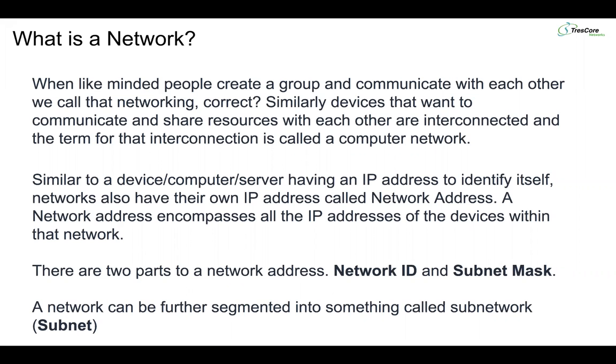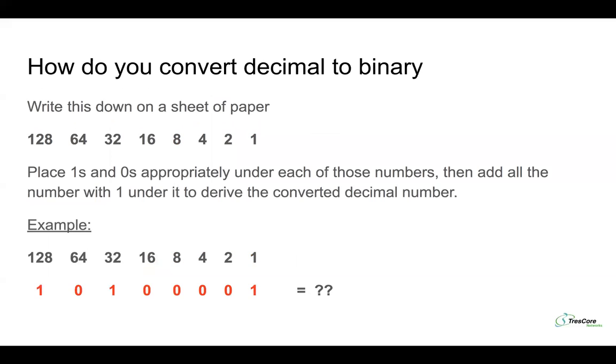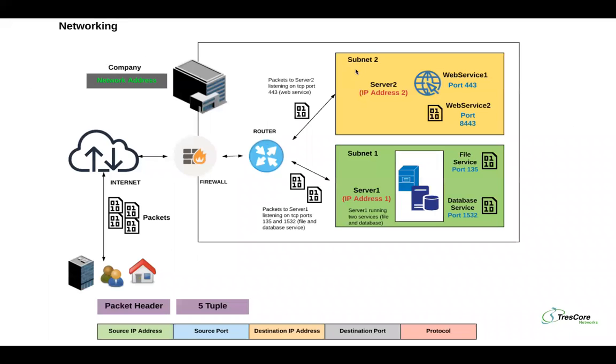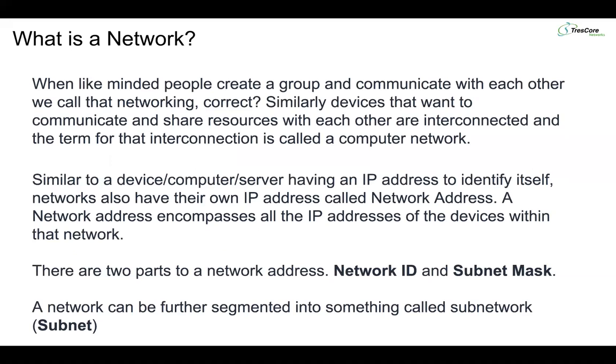Okay. And also, when I spoke about two different subnets in a network, we need to first understand what a network is. It's almost like like-minded people creating a group because they want to communicate with each other, right? Similarly, a network is a grouping of resources or devices that want to communicate and share resources.